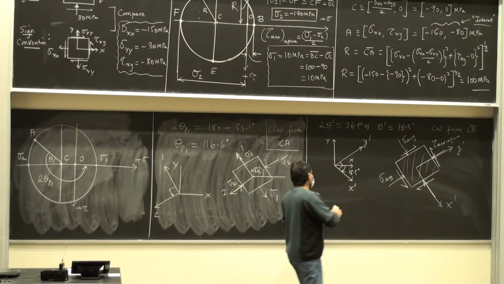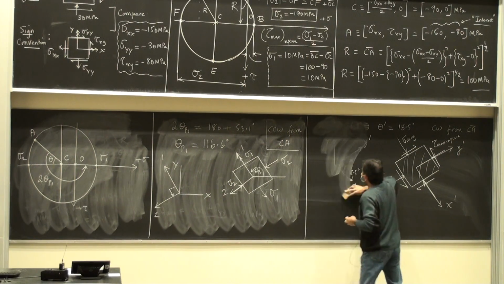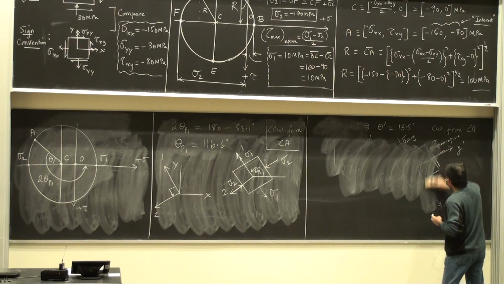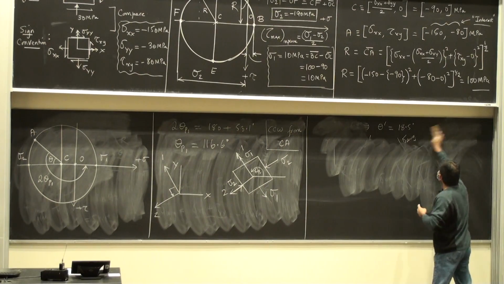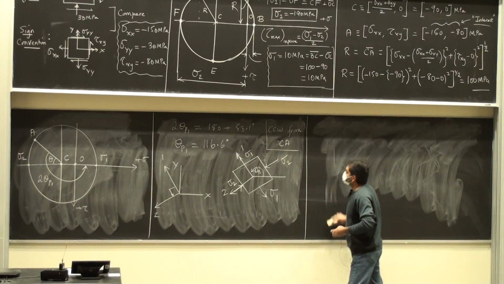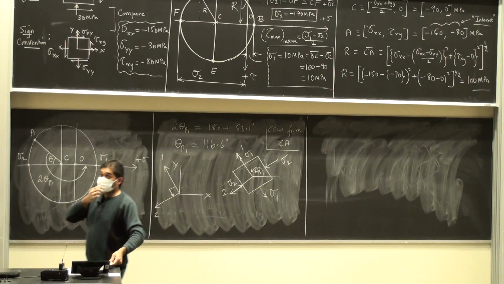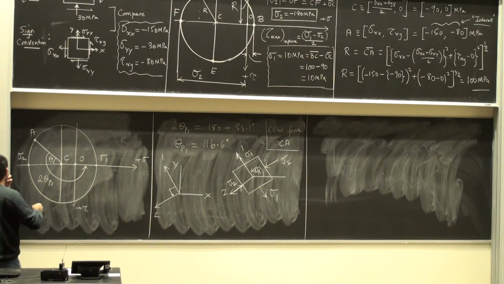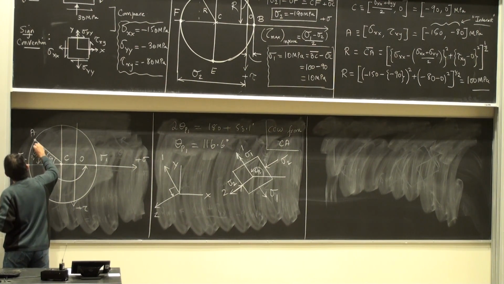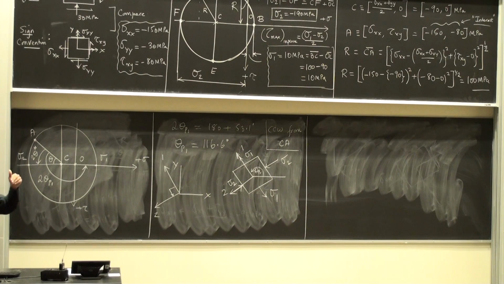Right. So let me do that as you said, very quickly. So now instead of going all the way 180 degrees, I'm going to go here. Let me call it 2 theta prime, maybe 2 theta double prime. Now notice I'm going to sigma 2 value, not sigma 1.